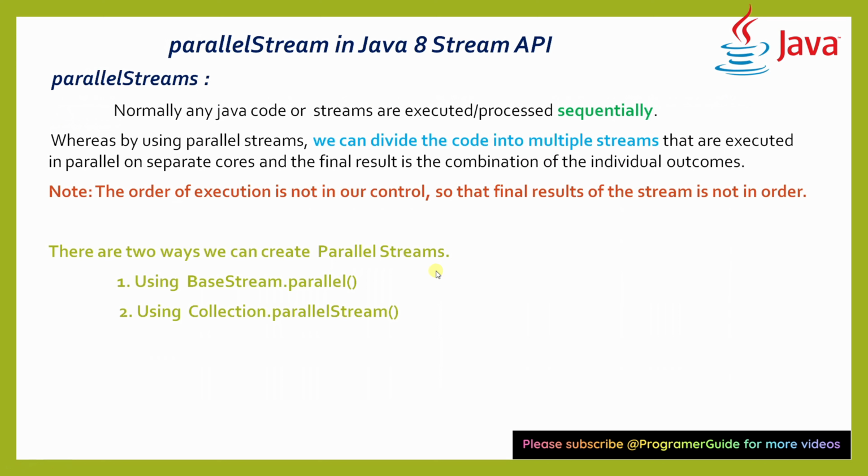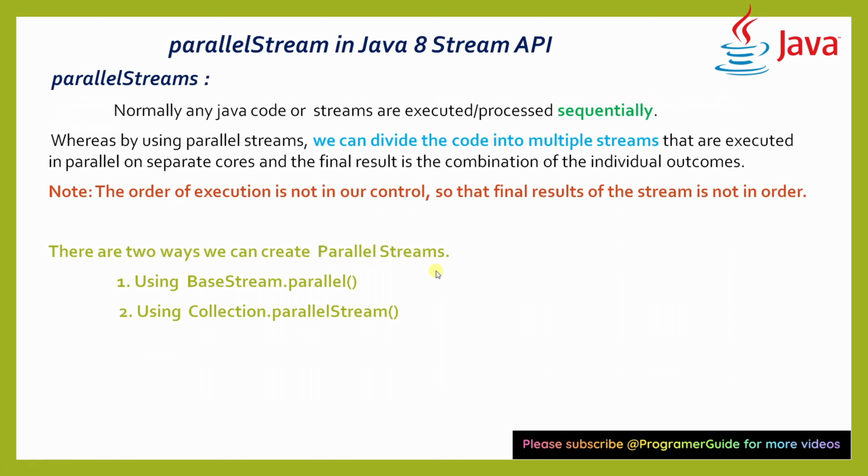They are divided into multiple streams, executed in parallel on separate cores of the CPU, and the end result is a combination of the individual outcomes. Each stream executes in parallel on core 1, core 2, core 3, core 5.